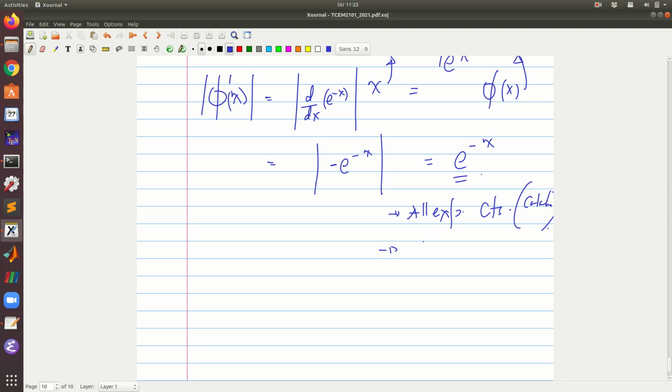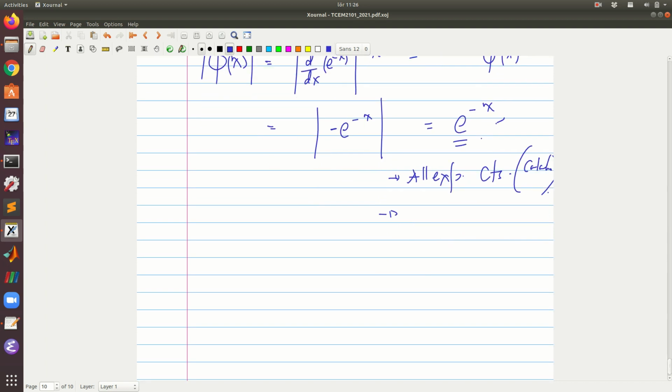Yes, even on this interval. Next we would like to check whether this is less than 1 on the interval which was given to us, 0 to 1. Yes, it is, because we know easily from the graph of e to the x that it is asymptotic to the x-axis.